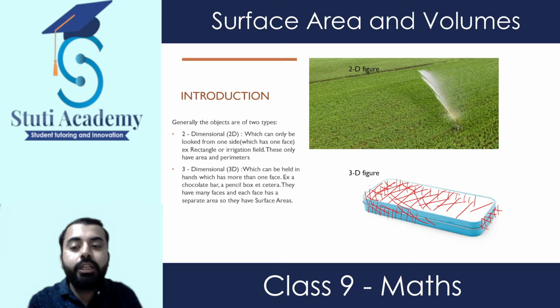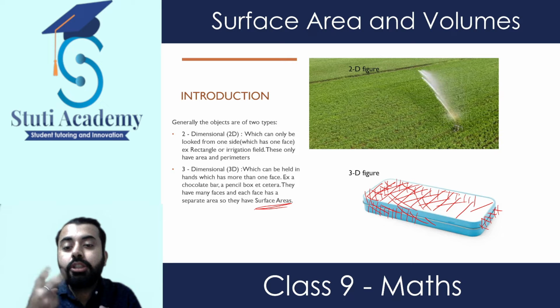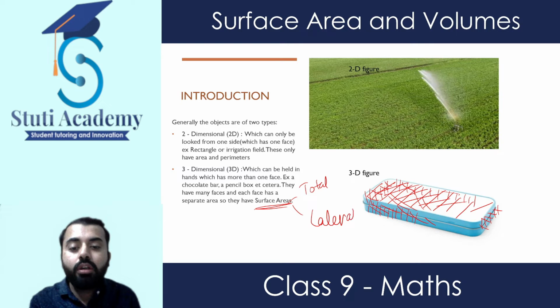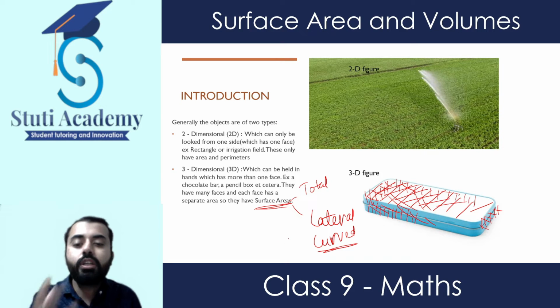In order to calculate the area of any 3D figure, we call it simply surface area. How do we do it? Just calculate the area of each face, then add them, and we end up having two types of area. One will be my total area and another one will be my lateral, or you can say curved, area. Curved can happen when we have a curved figure, considering we have a cylinder, etc.